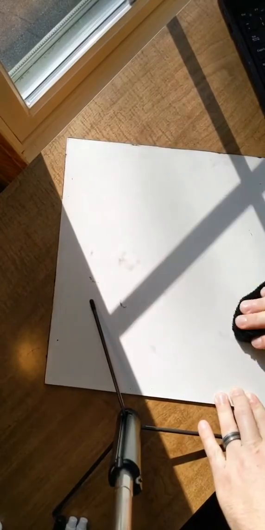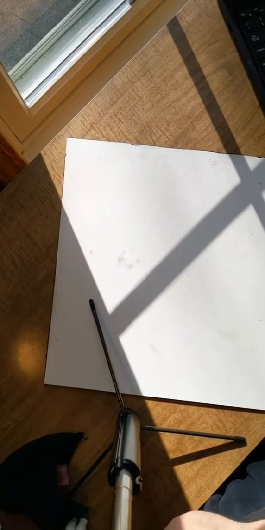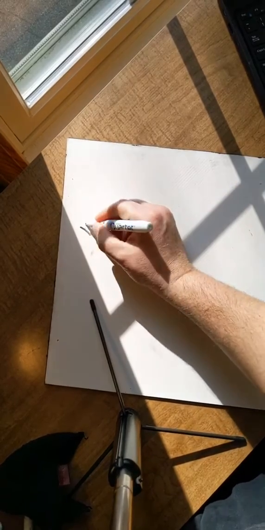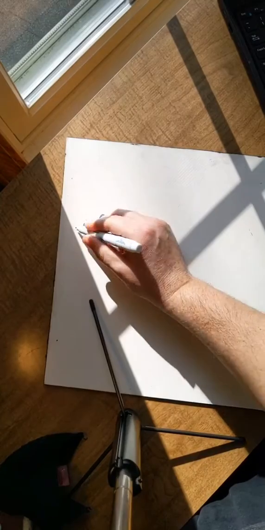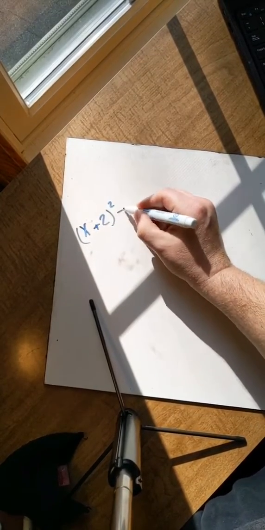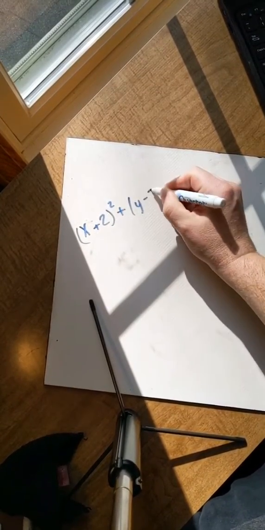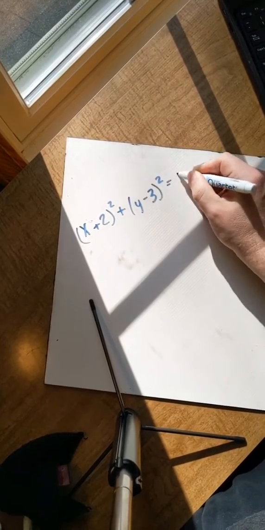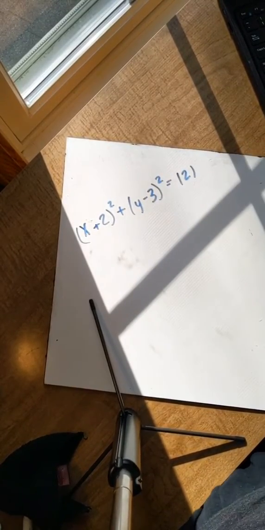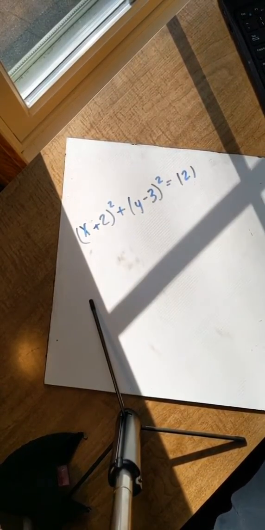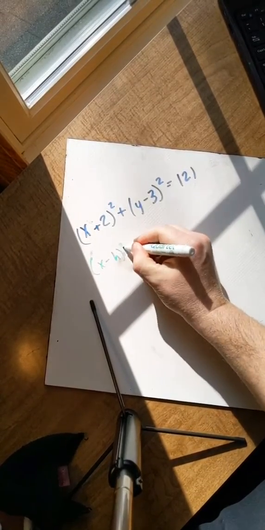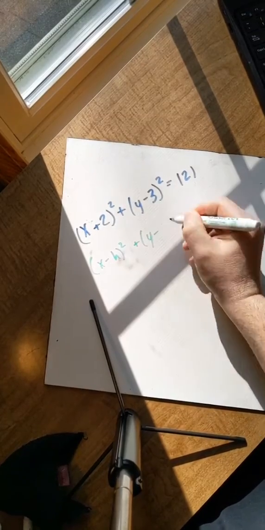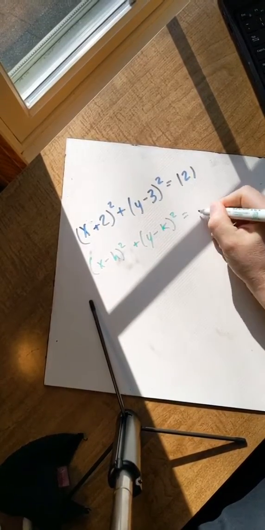Alrighty, so yeah, no problem. In our next example here, we've got not x squared, but (x plus 2) squared plus (y minus 3) squared equals 121. So remember our standard form equation, (x minus h) squared plus (y minus k) squared equals r squared.